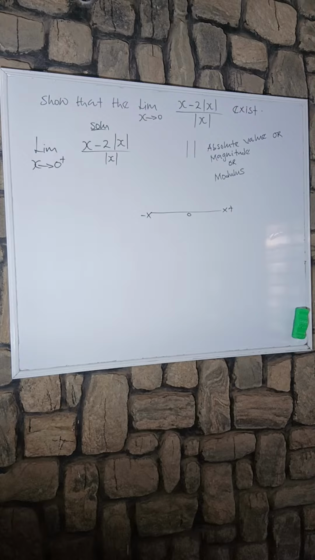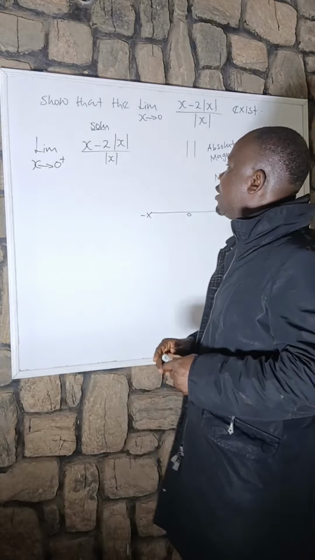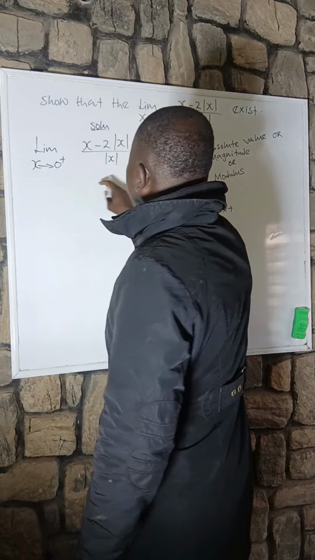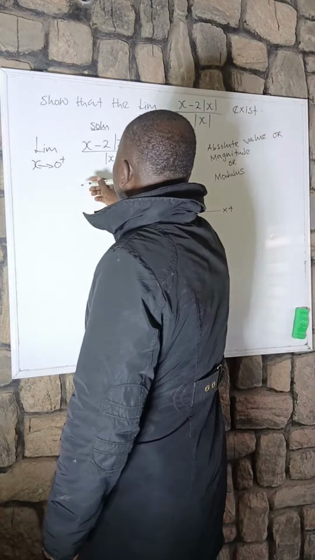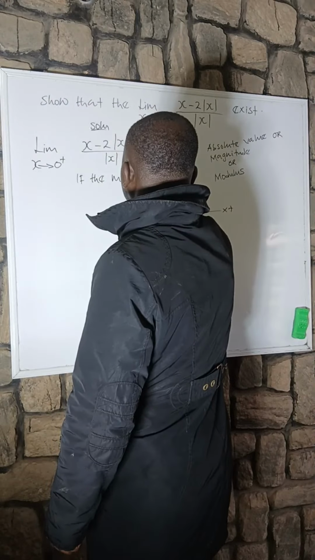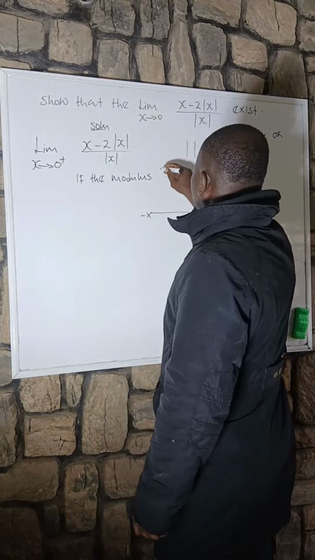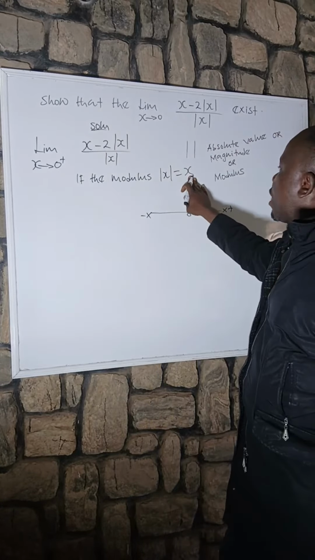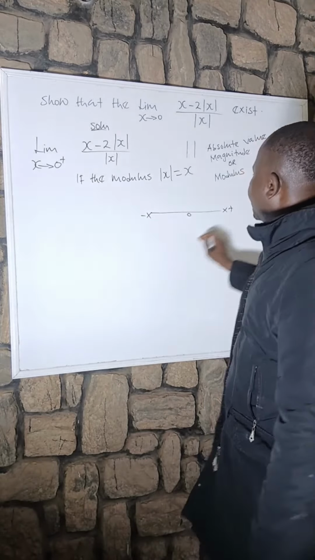Okay. So now we want to consider the right hand side limit. Since here is on the right hand side, the absolute value, the modulus, is equal to plus x, since we are talking about the right hand side.